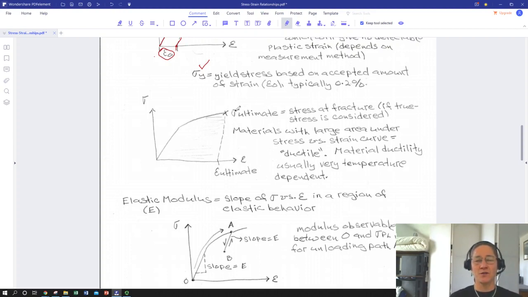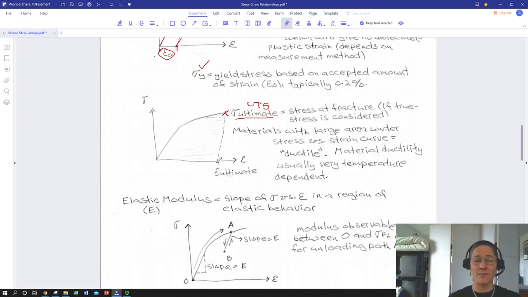So when you're looking at material values, if you see ultimate strength or material strength, sometimes you'll see sigma UTS, and that means ultimate tensile strength. That's this point on the stress strain curve where it broke. And you will still at that point recover the elastic strain.